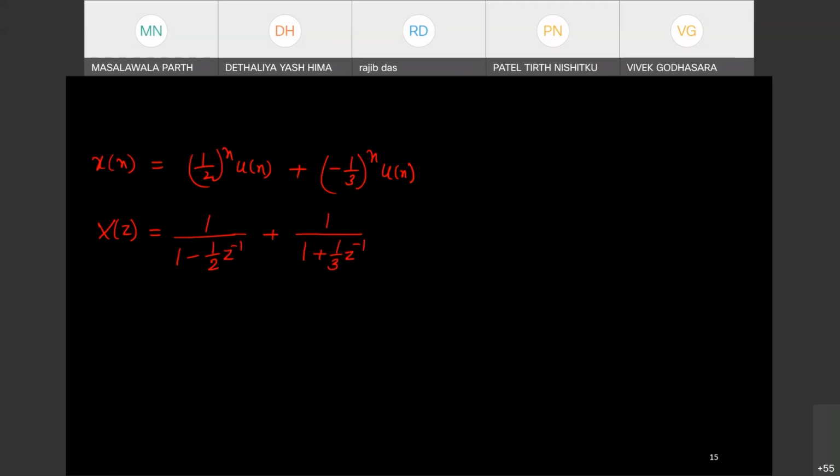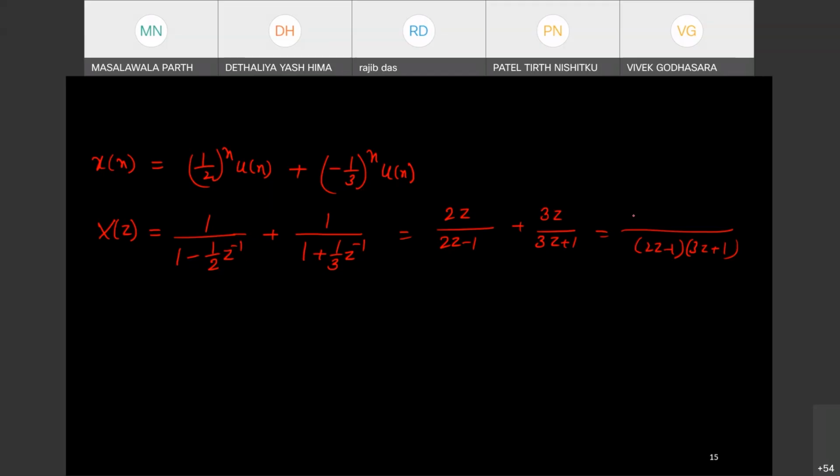Good. So then you can combine these two together and you can find out the final expression for this. Okay. So I can write that it is 2z upon 2z minus 1 plus 3z upon 3z plus 1. So you can combine these two together, 2z minus 1 and 3z plus 1.